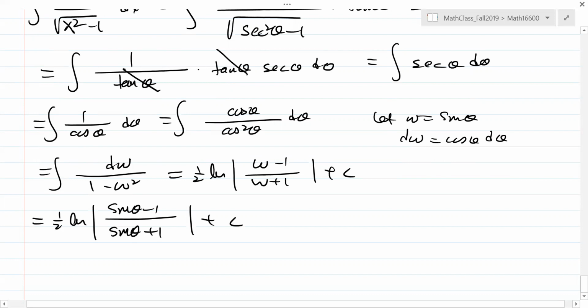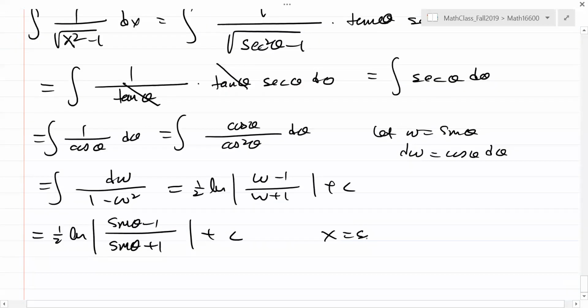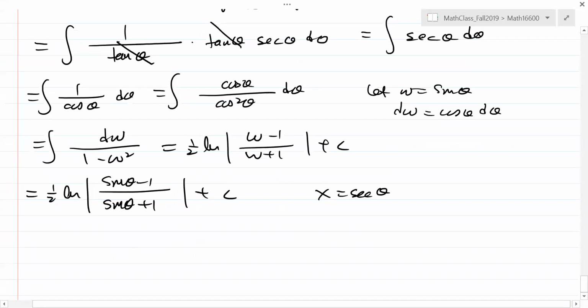So what is my x? x is secant theta. How can I express sine theta in terms of x? Well, there's a relationship there. Cosine theta equals 1 over x.